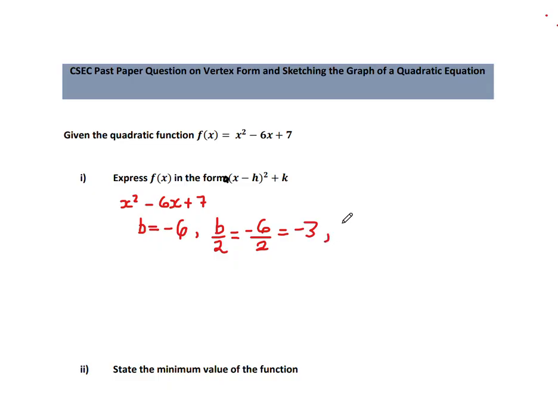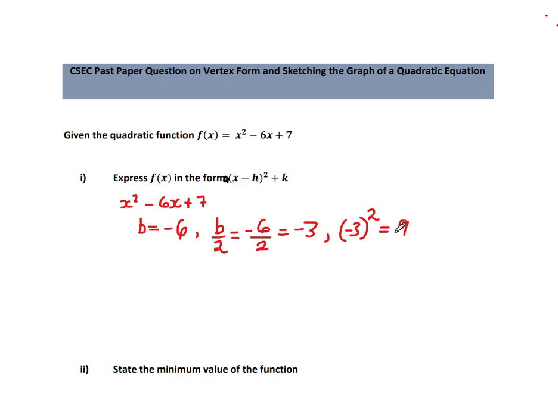Another thing we want to do is to square the result of dividing b by 2. So we square negative 3, which is 9, because negative 3 multiplied by itself gives us 9.